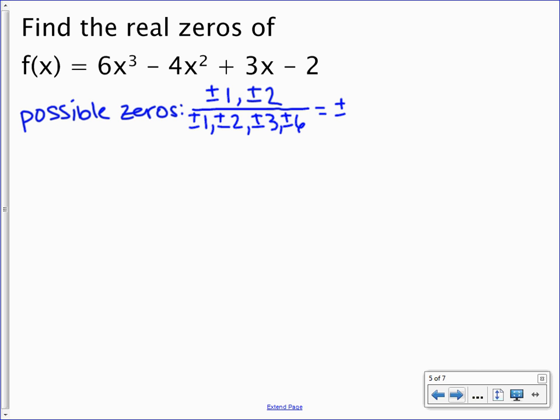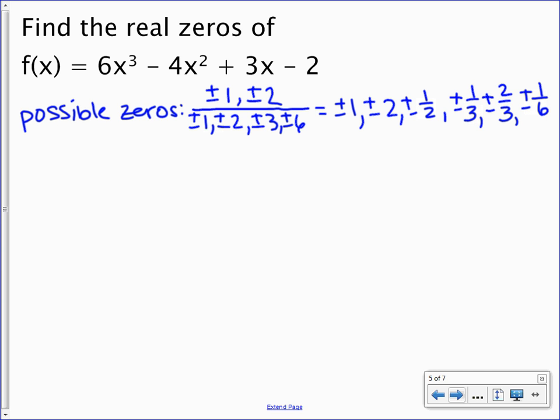So we have 1 and 2. We have 1/2, and 2 over 2 is 1 again, so we don't need to write it. We have 1/3 and 2/3. We have 1/6, and 2 over 6 is the same as 1/3, as we already have right now.